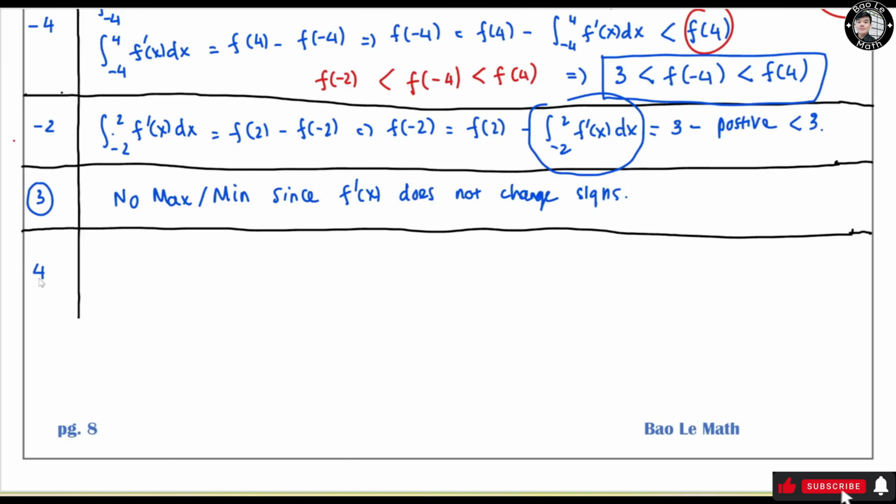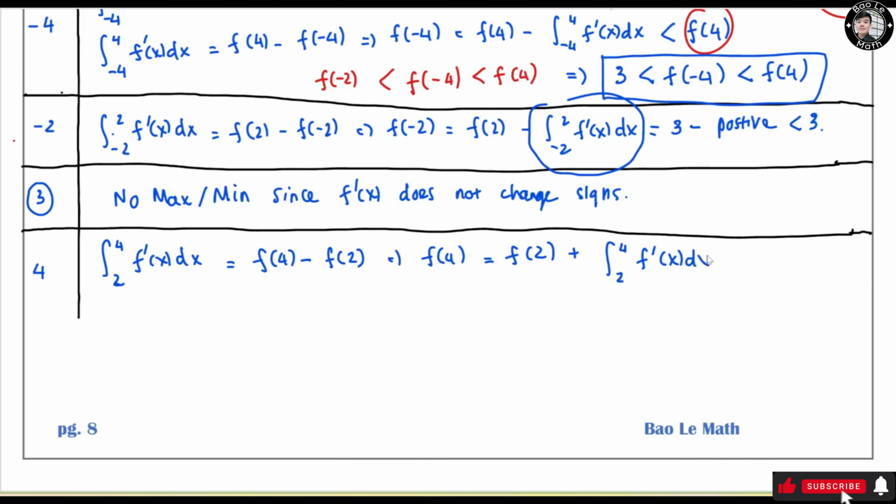At s equals 4, we have the integral from 2 to 4 of f'(s) ds equals f(4) minus f(2). And then f(4) equals f(2) plus the integral from 2 to 4 of f'(s) ds, right?